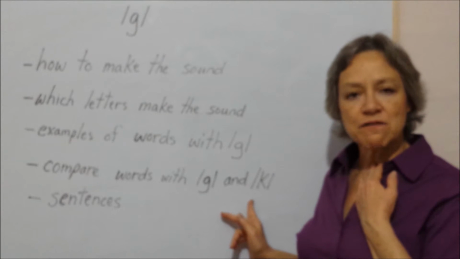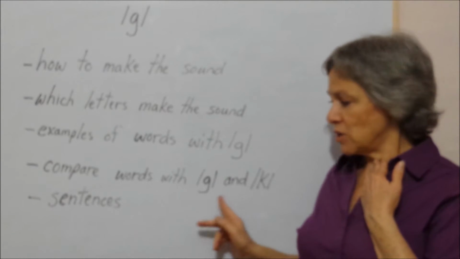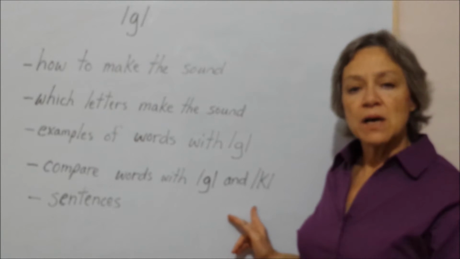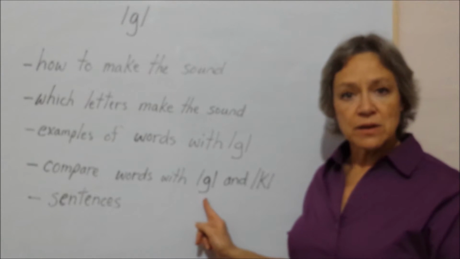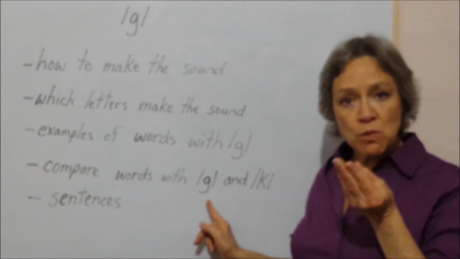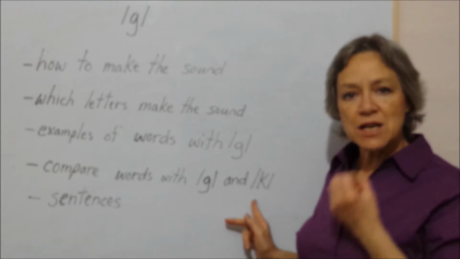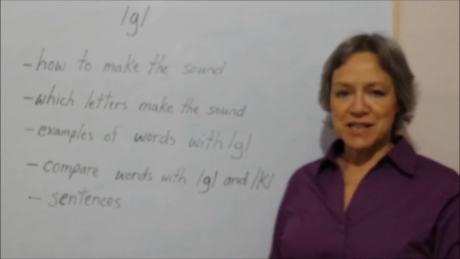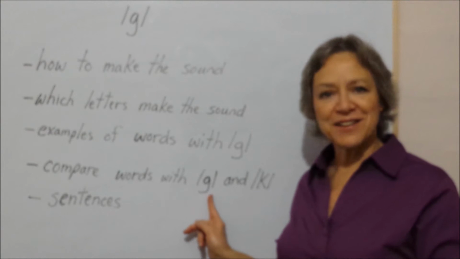K is a voiceless sound, so it does not use the vocal cords. So that is a big difference between these two sounds. Another difference between these sounds is that I said G releases a small puff of air, but K releases a strong puff of air. Okay? So these are different sounds. Today we will be focusing on G.